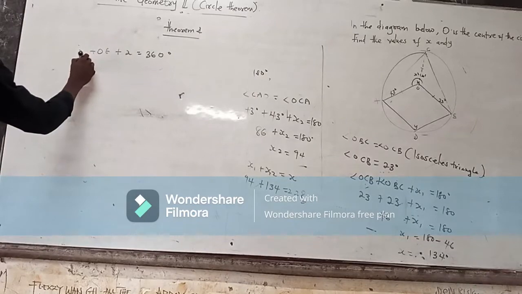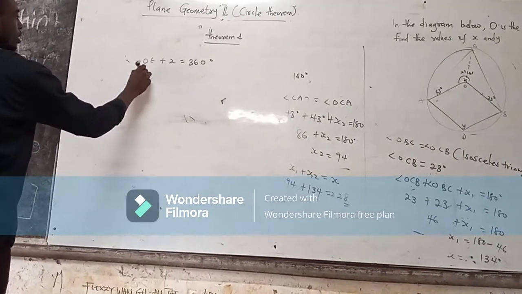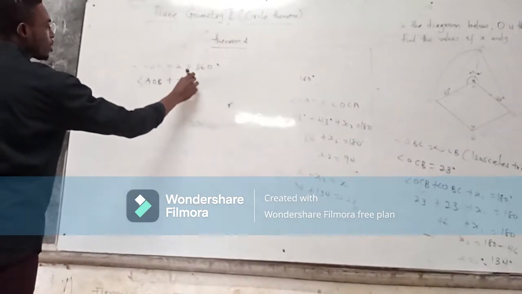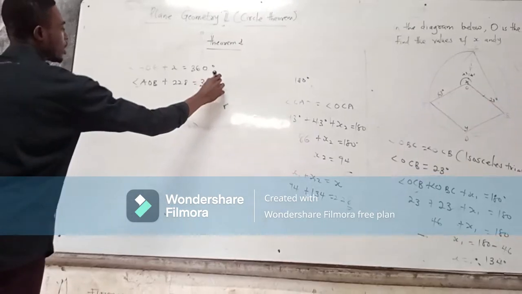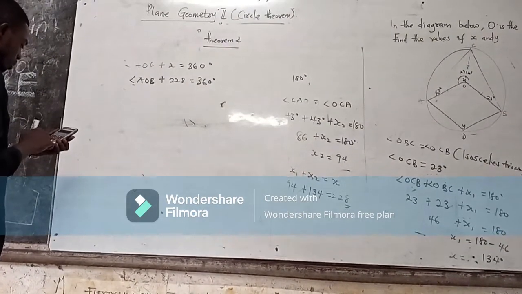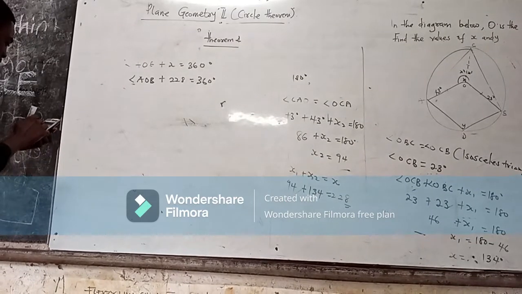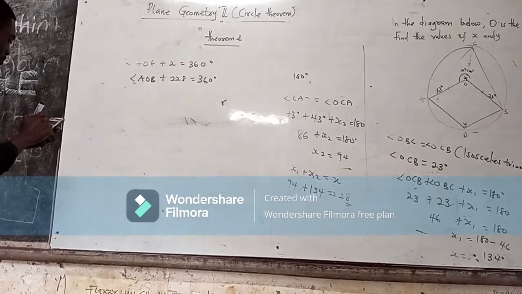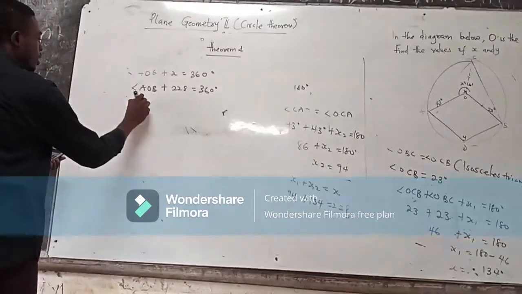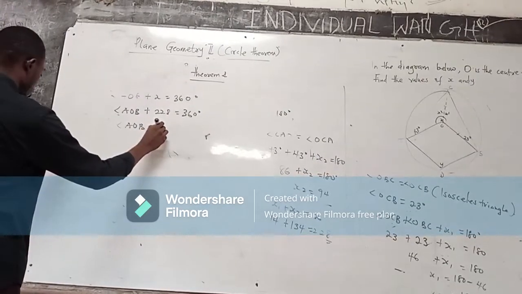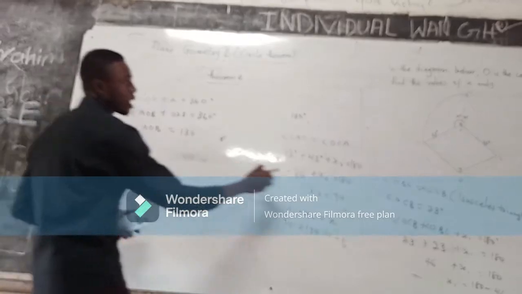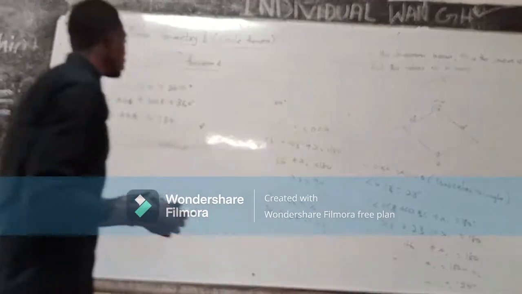So by the x we have already found, the x is 228. Alright. So if you subtract 360 minus 228, we are going to get this one to be 132. So the whole part of this one is going to be 132.